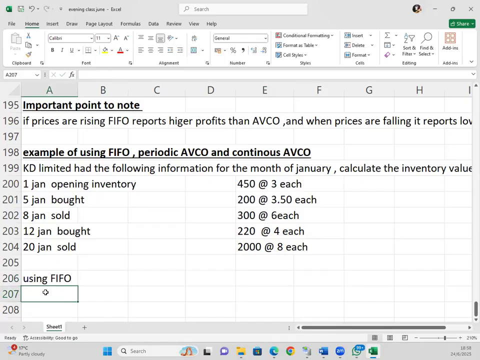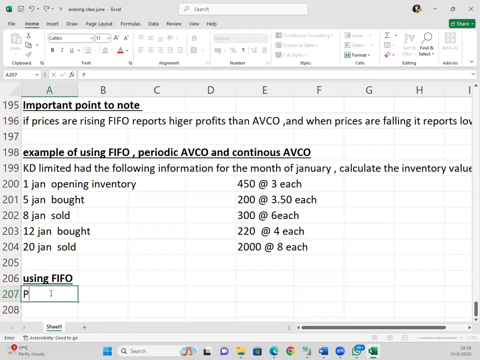If you are using the FIFO method, the assumption is the goods that came in first are the first to be sold, remember. So I prefer to use this table.